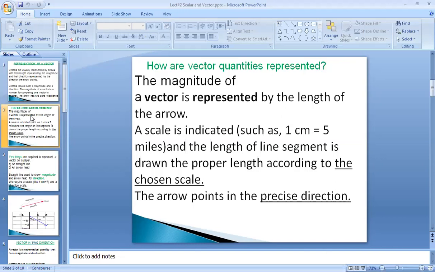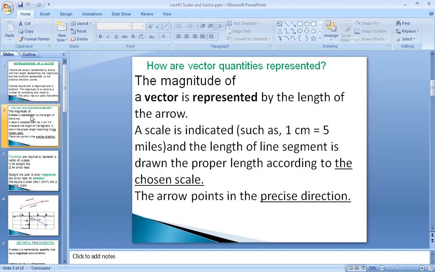This is an approximation, which is called the scale: when you draw 1 cm, that will be equal to something. The length of the line segment is drawn according to the chosen scale, and the arrow points in the precise direction.